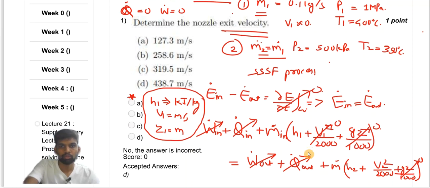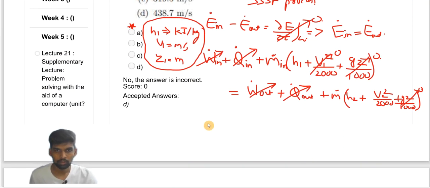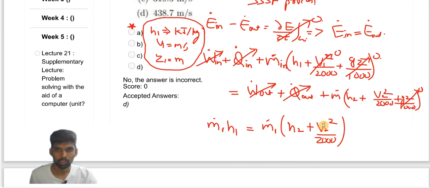Okay, so we are left with m dot in, which is nothing but m dot 1, and it is h1, is equal to m dot out, which is also m dot. From mass balance, it is h2 plus v2 square by 2000. I hope you got till this point.